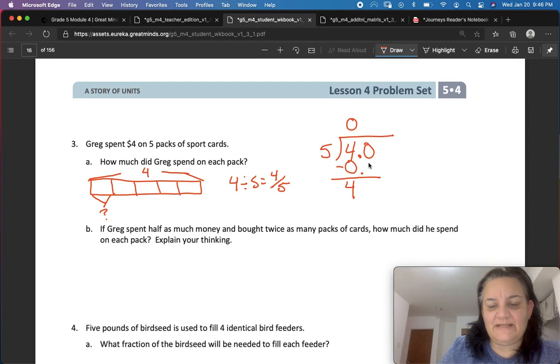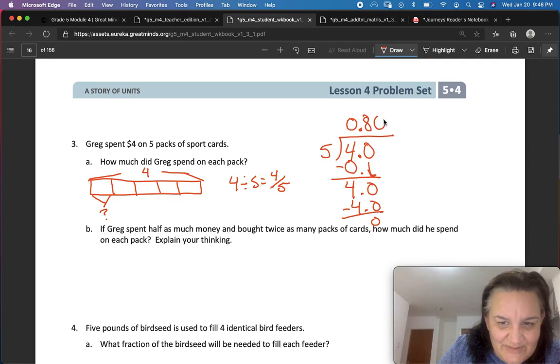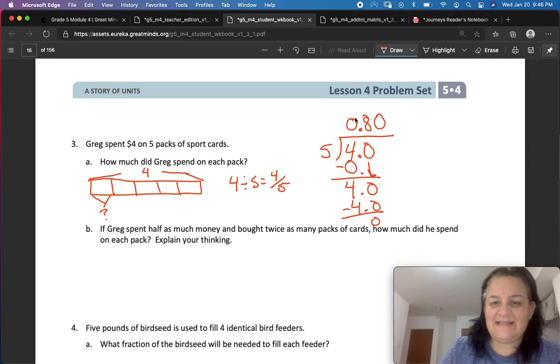And then I'm going to bring down that 0. 5 goes into 40 8 times. Don't forget your decimal. 8 times 5 is 40. Subtract and I get 0. 5 into 0, 0. So $0.8, but we don't use 0.8, we use 0.80, so it's actually 80 cents.